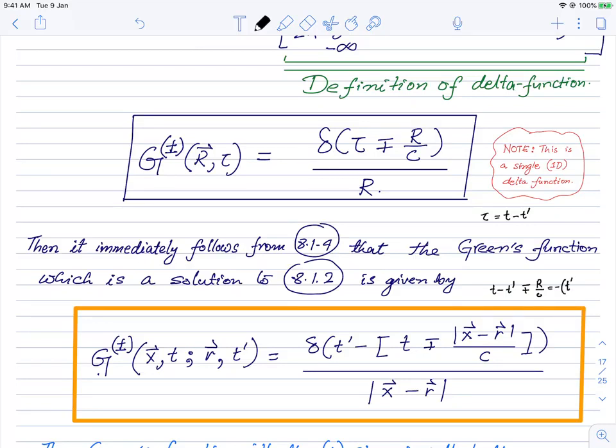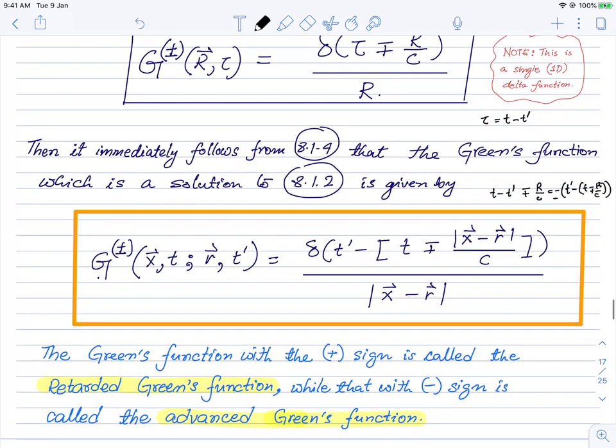So this is a delta function of t prime minus t minus plus r by c, and again this overall sign doesn't matter because it's a delta function. This is the form in which we have written the solution.